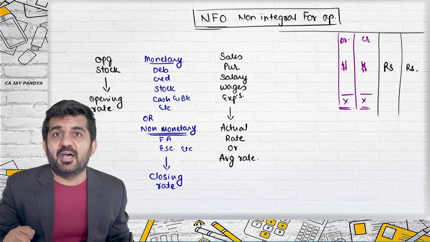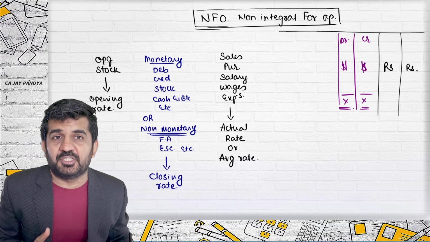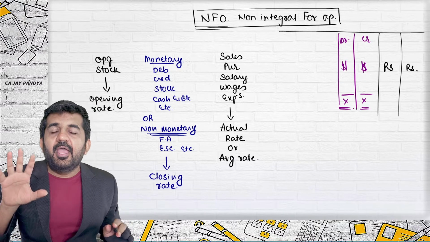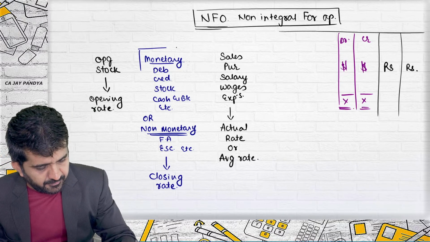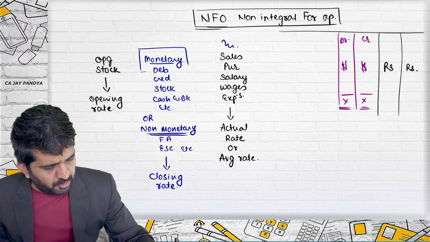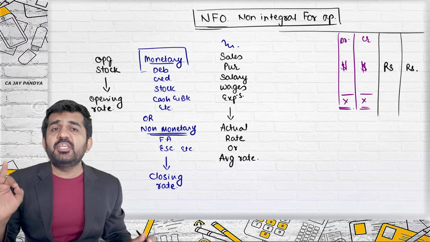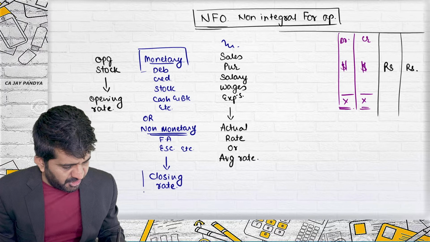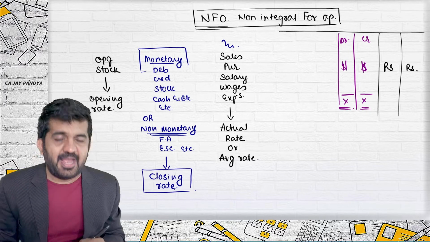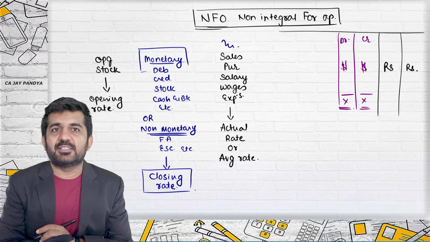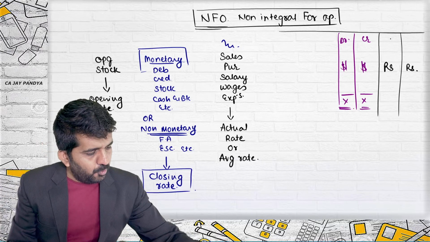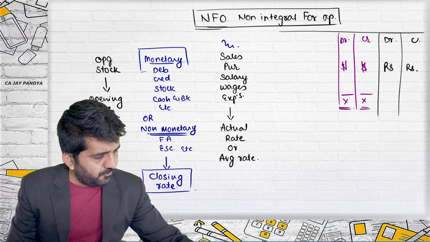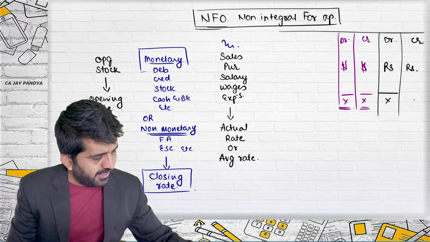So if they are non-integral foreign operations, if they are independent, each and every item of balance sheet will be recorded at closing rate. So my rupees trial balance of debit and credit will tally.